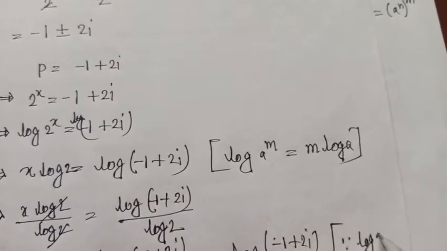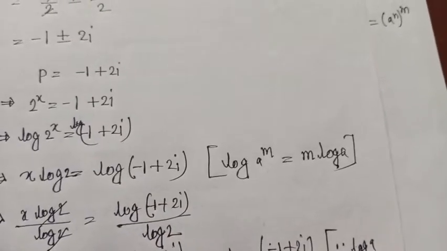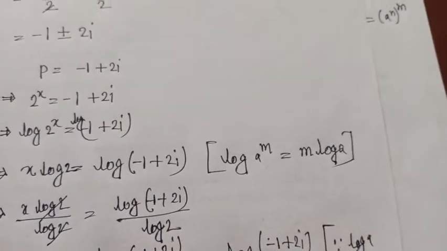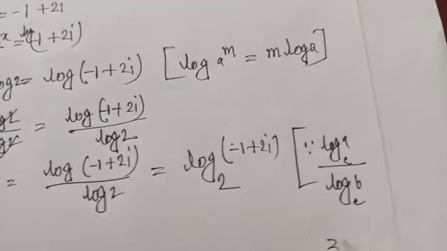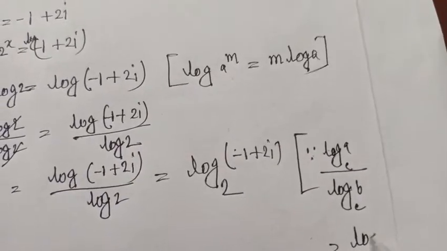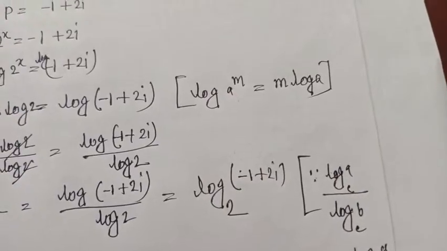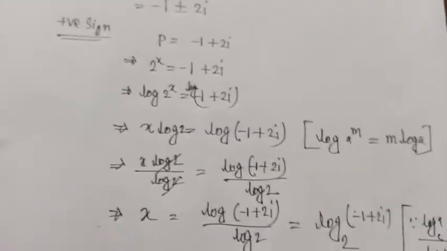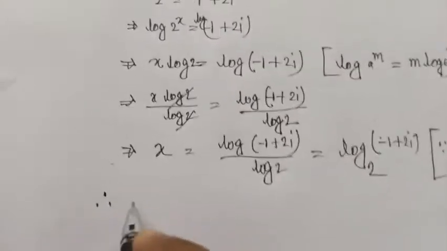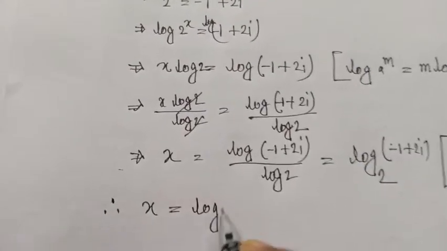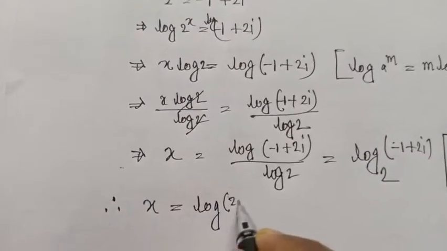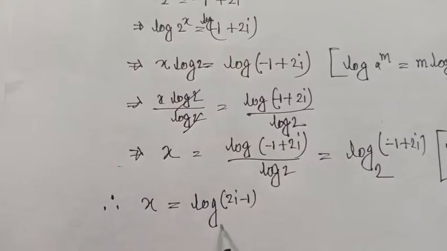Log a base c by log b base c will be equal to log a base b. So the second value of x is log of 2i minus 1 base 2.